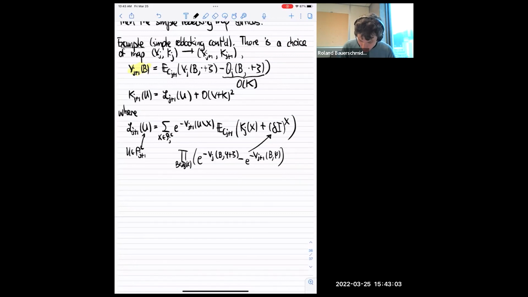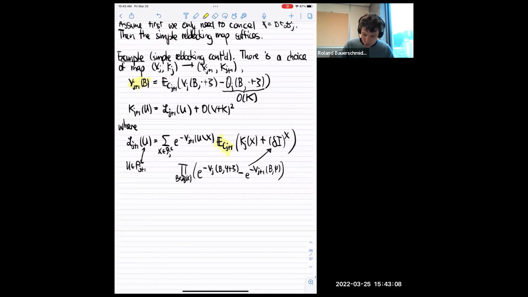So we'll take the expectation of this. Now, if you use this choice of Vj plus 1, what you'll see is that after taking the expectation, this will become the expectation of essentially Q. So if x is a single block, and then there are order v plus k squared terms.